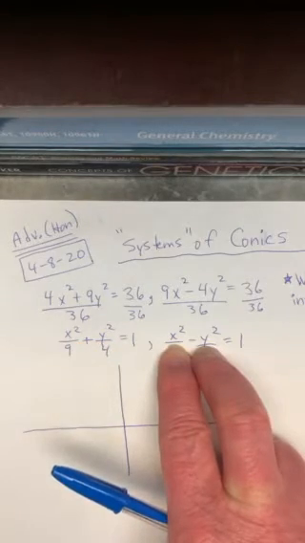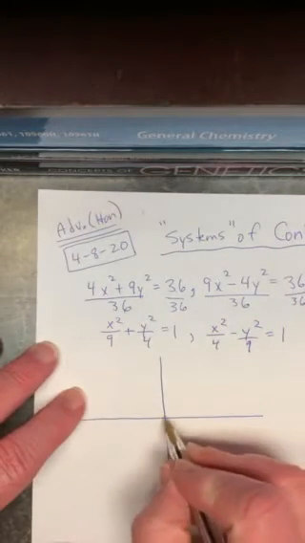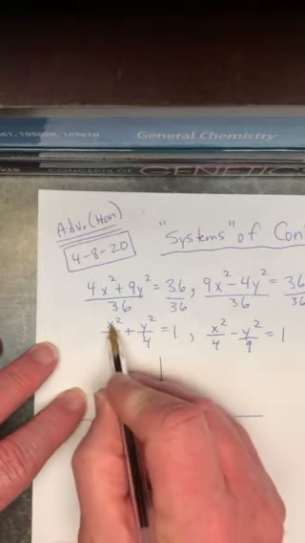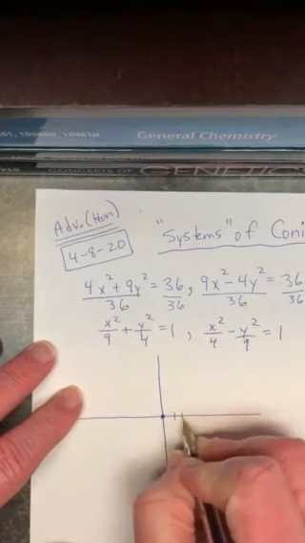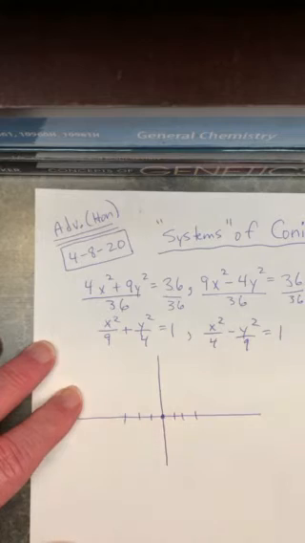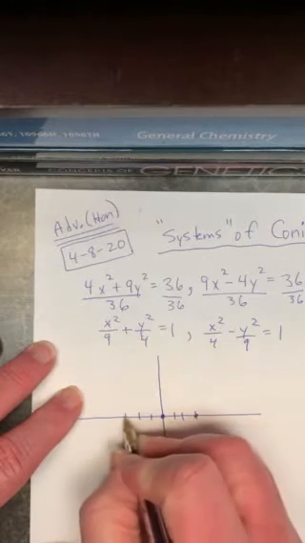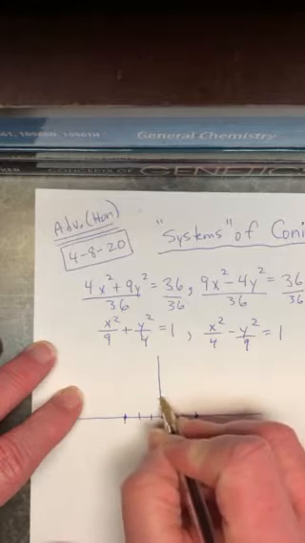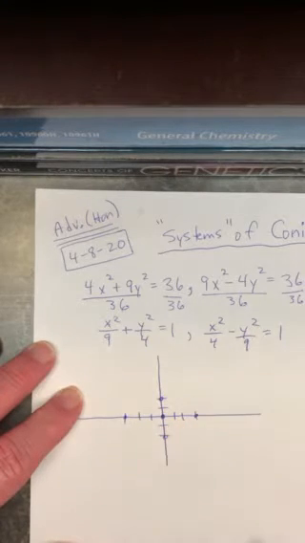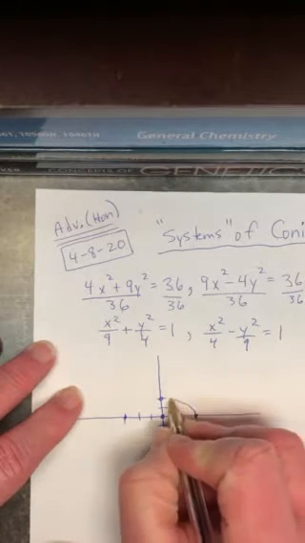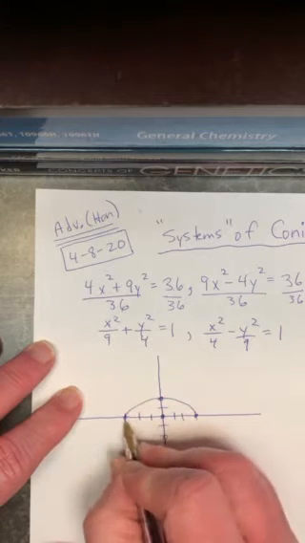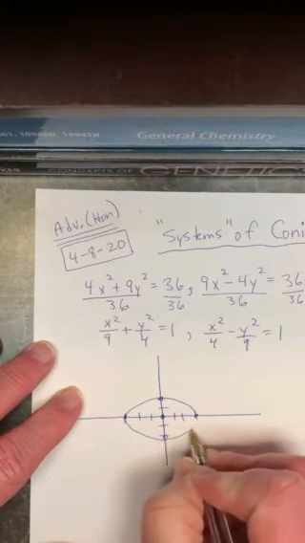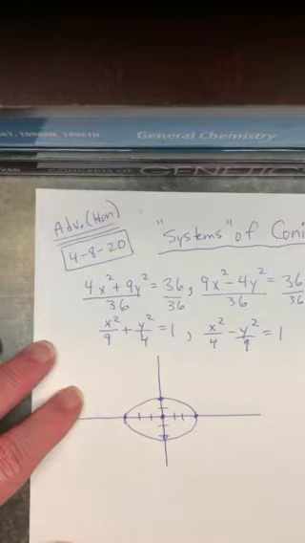Graphing my ellipse, the center is 0, 0. The x squared has a 9 under it, so I'm going to go right 3 and left 3. Put a dot and a dot. The y squared has a 4 under it. We're going up 2, down 2. I connect those up as neat as I can and draw a horizontal ellipse looking like that.